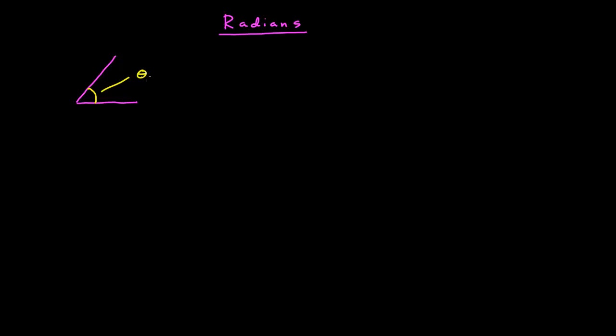We call this an angle, and we want to be able to compare quantitatively the degree of separation between those two lines to, say, those two lines. So how can we compare quantitatively what those separations are?